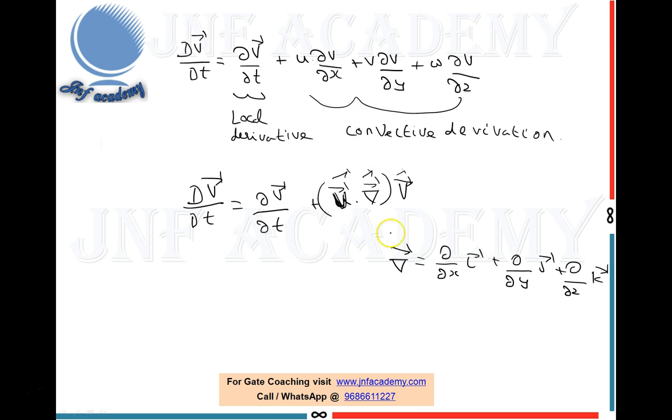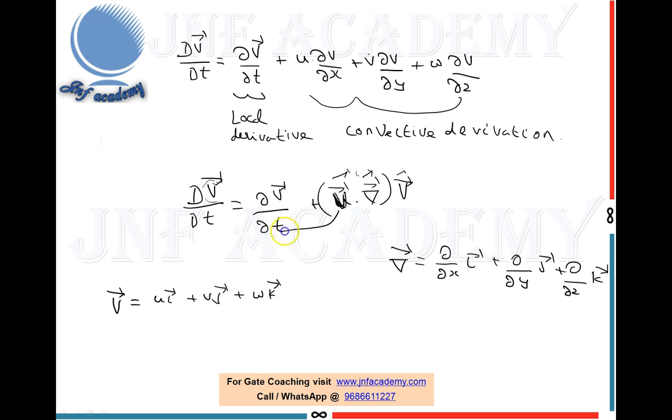Okay, so I have simplified that and written it in the form of a vector, and this u, v, w is coming from here, and what is the change that you are looking for? That is here. I hope you all know that u, v, w are the components of the vector, right? Because the velocity vector V that I mentioned is u i vector plus v j vector plus w k vector.